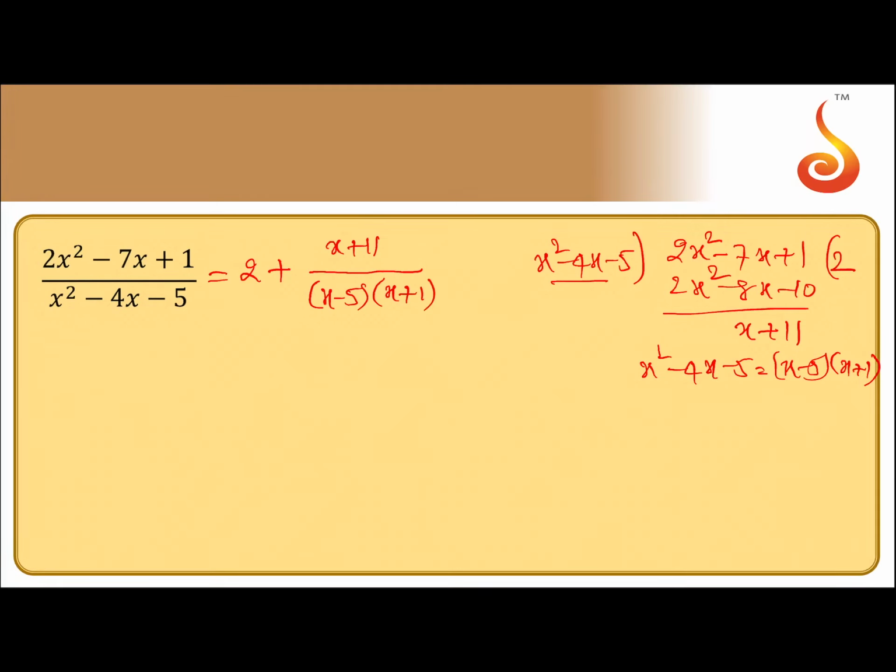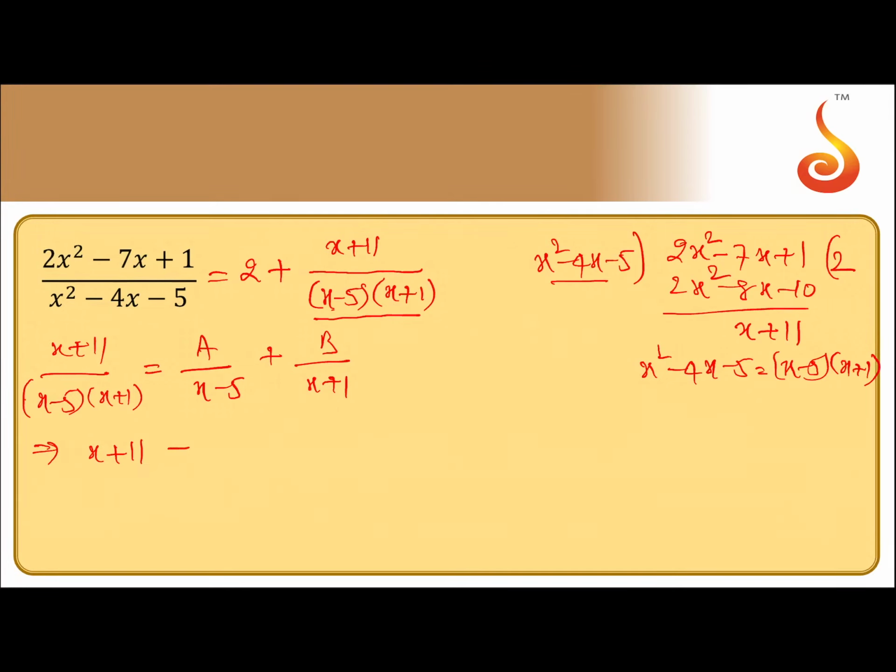Okay, now let us find the partial fractions for the second one, that is (x + 11)/((x − 5)(x + 1)), written as a/(x − 5) + b/(x + 1). Take an LCM, you get x + 11 = a(x + 1) + b(x − 5).